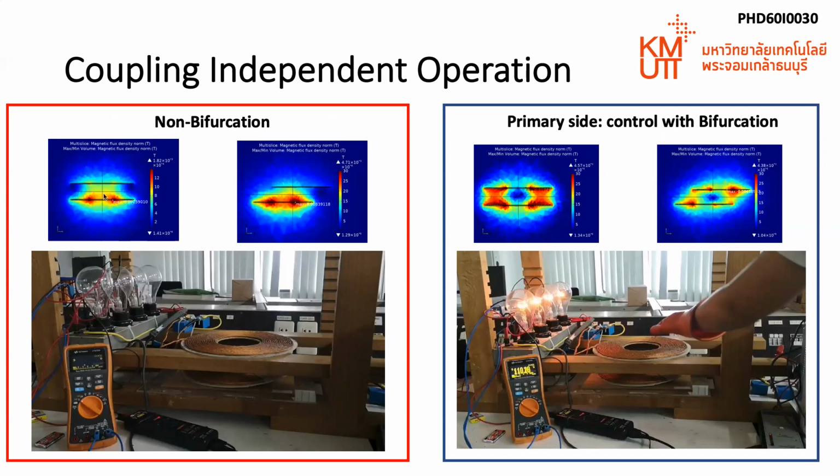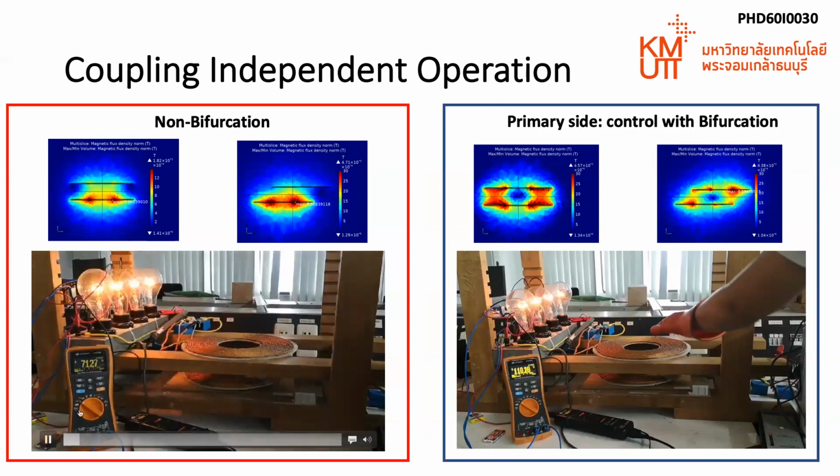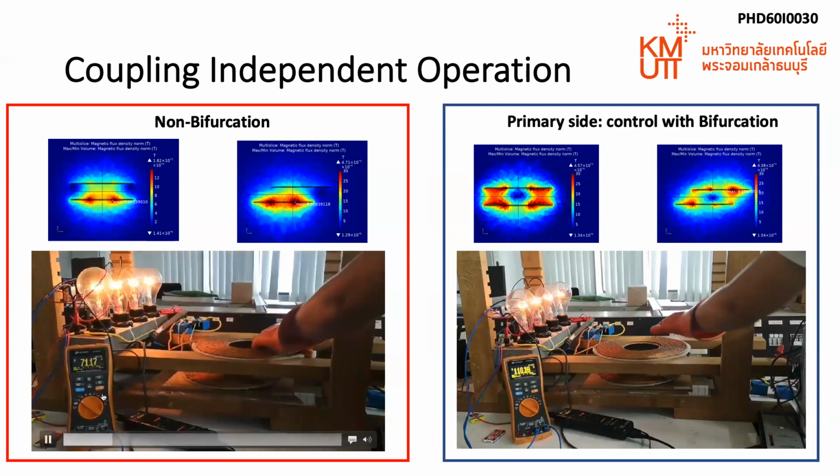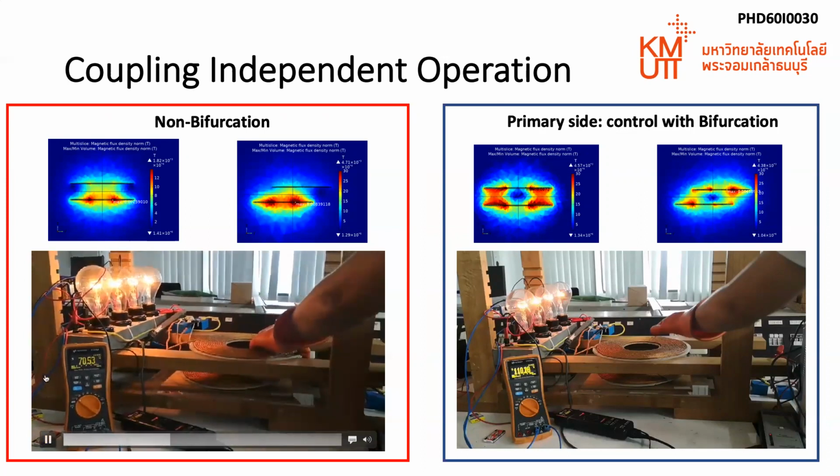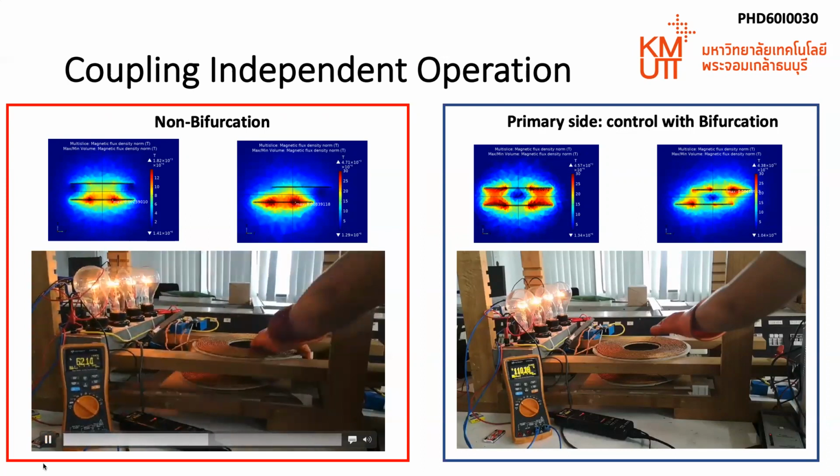This page shows some of the experiments. We use a light bulb connected to the end of the secondary side. The left-hand side is the WPT system with the traditional operating point with non-bifurcation. You can see in the video, the voltage decreases when the coil is misaligned.